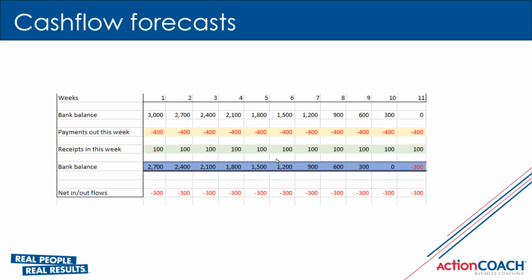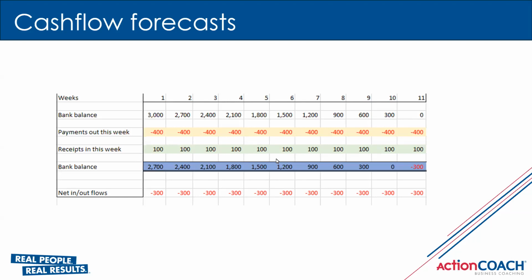As you can see, this is an example over 11 weeks. I've started with £3,000. We have payments going out of £400. And because of the crisis that we're in at the moment, our income has fallen to £100 a week. So we have a net outflow of £300.